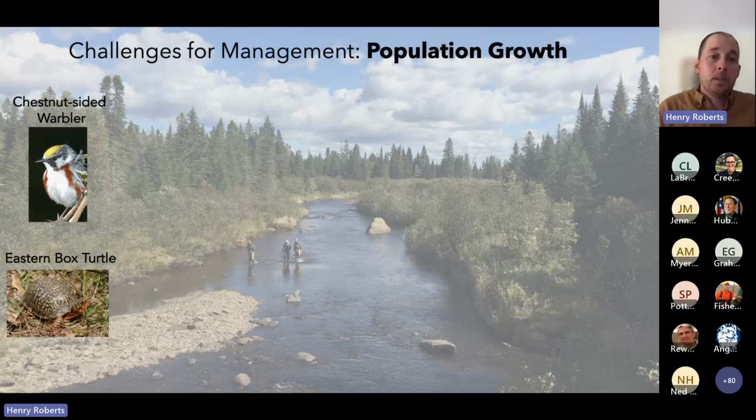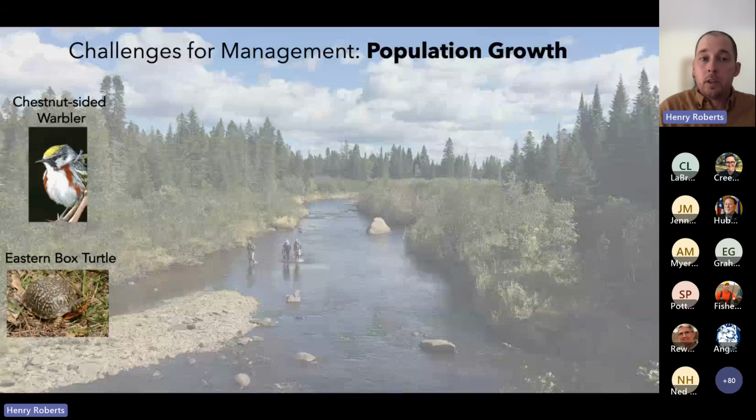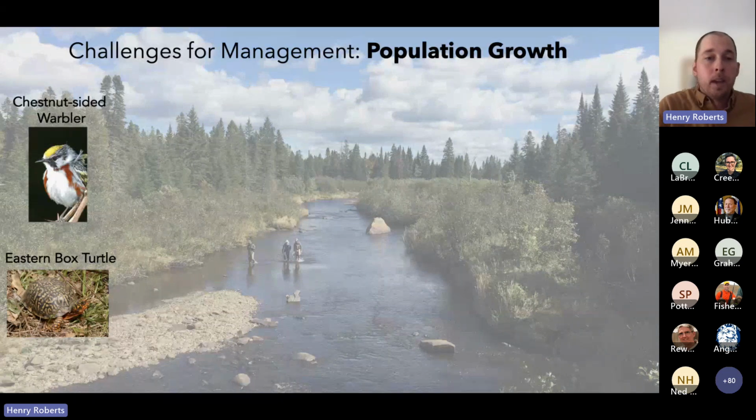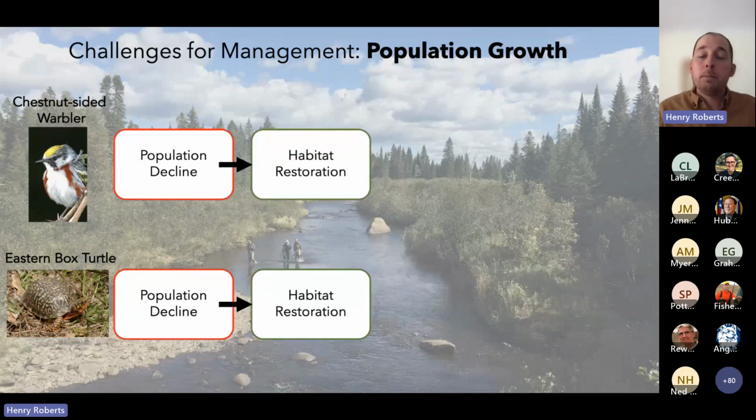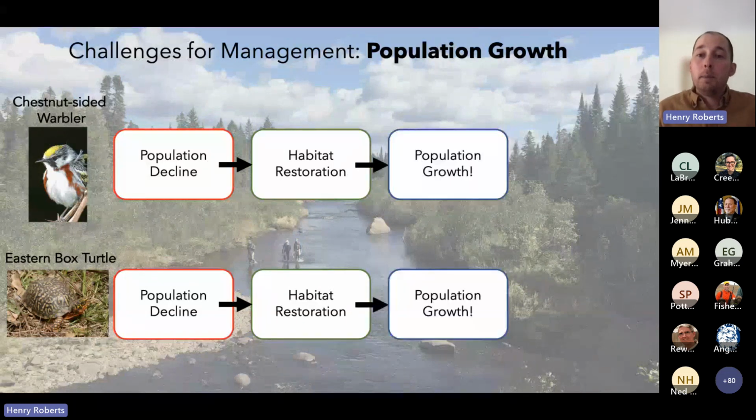So both of these species generally like early successional shrubland habitats. And under this example, let's assume that we identify population decline, and we decide to implement habitat restoration to address this population decline. And hey, maybe it's successful. We see population growth. We see the population start to rebound.